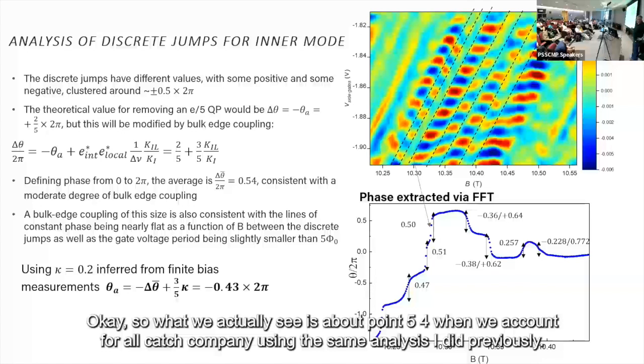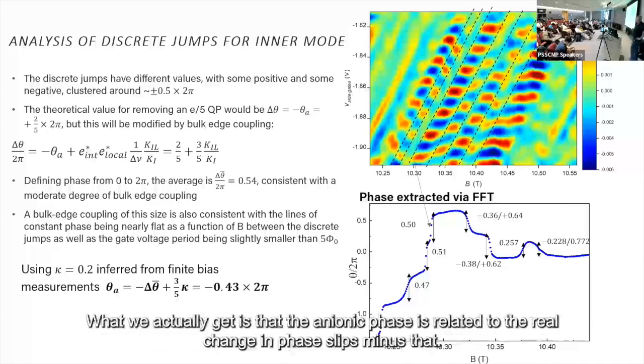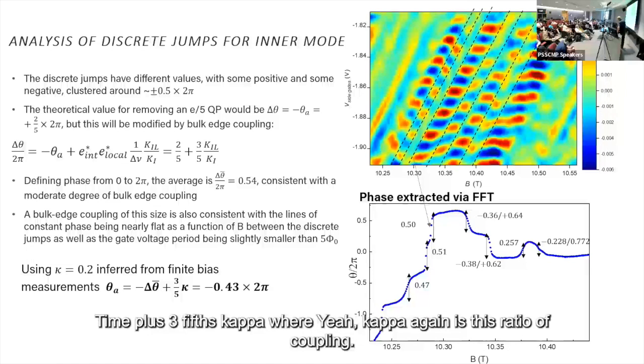When we account for bulk edge coupling using the same analysis I did previously, what we actually get is that the anyonic phase is related to the real change in phase slips minus that time plus 3/5 kappa, where kappa, again, is this ratio of coupling.